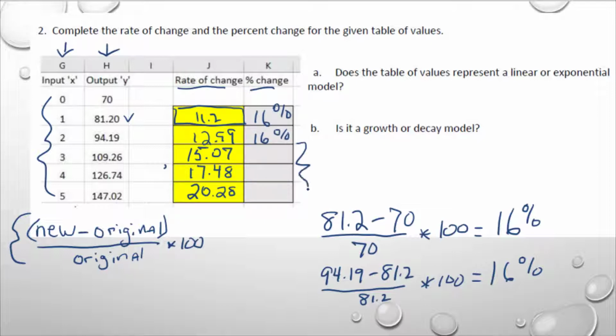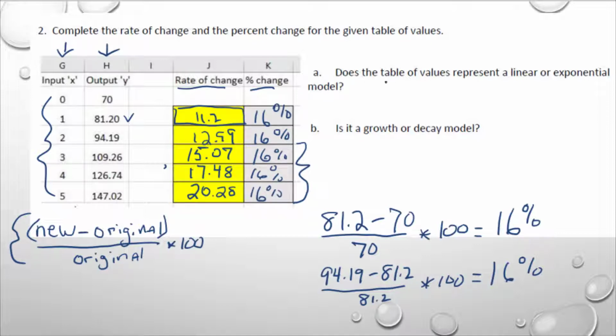Try these three on your own, and I'll put the answers in. And you should have got 16%, 16%, and 16%.